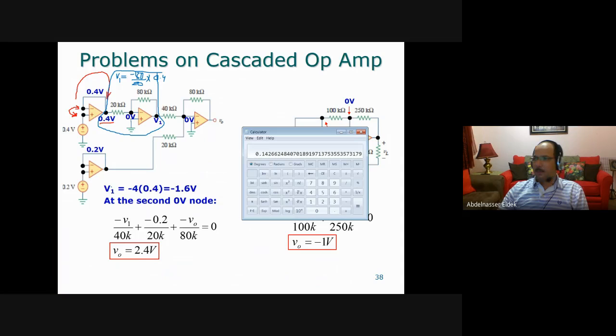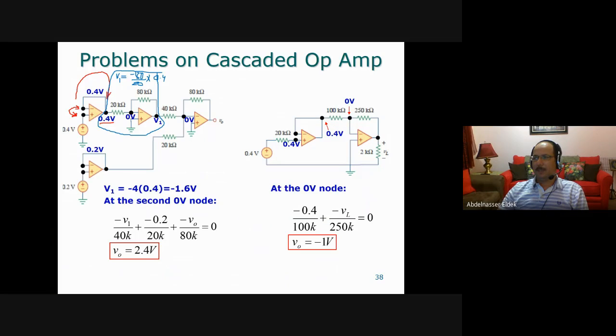Then in this case, you can just do it like this: 80 divided by 20 times 0.4 equals 1.6, but it is negative, of course. Then the V1 in this case will be negative 1.6. Let's erase everything. Then now V1 is negative 1.6 volt. So we're done with this one.